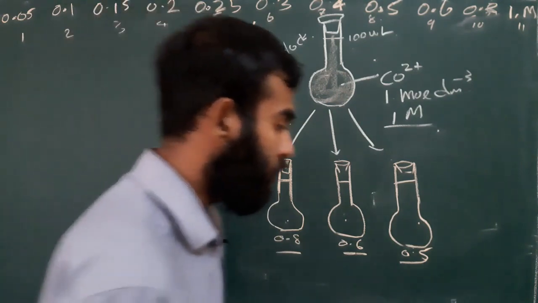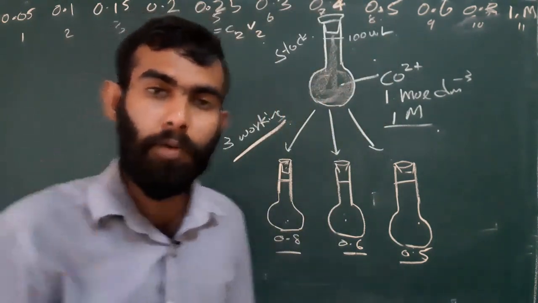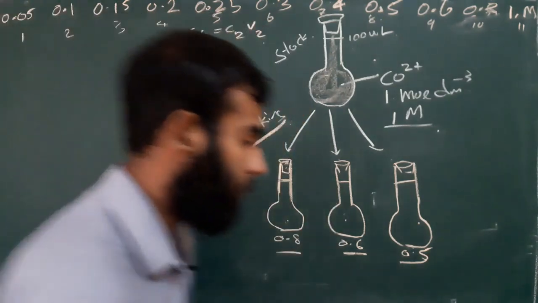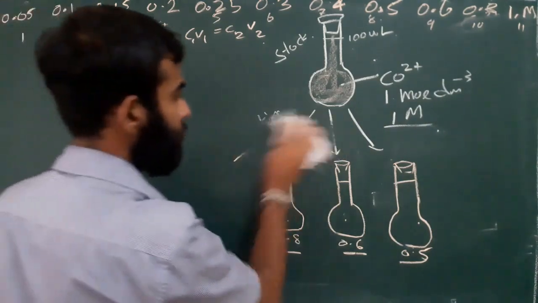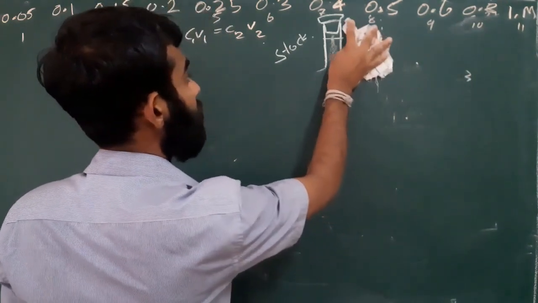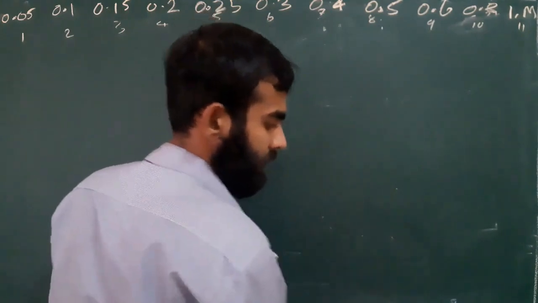Now what will we do? We have to find out the lambda max, or maximum absorbance wavelength, of cobalt. How can we do this? We have to use the spectrophotometer.